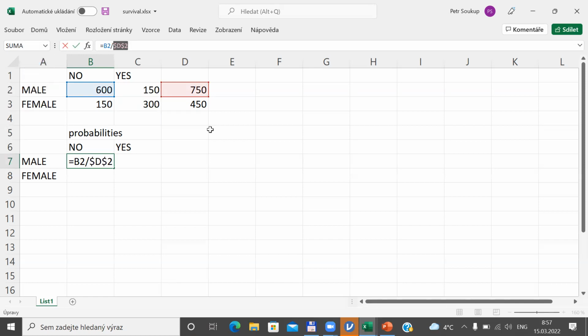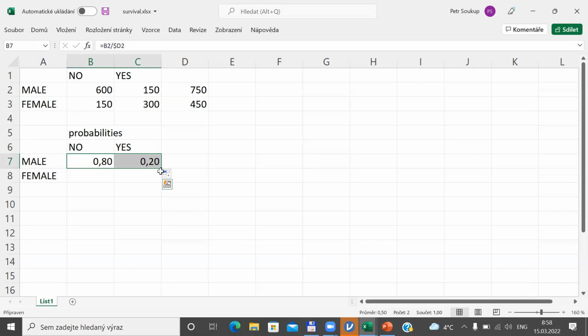I need to go into column D. So here it is, 0.8, and this must be 0.2, as both these probabilities must sum up to 1, as you must die or survive in the Titanic disaster. There is no third option. Once again, that's a binary dependent variable for us.